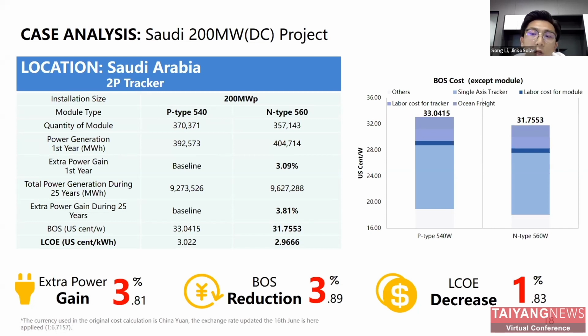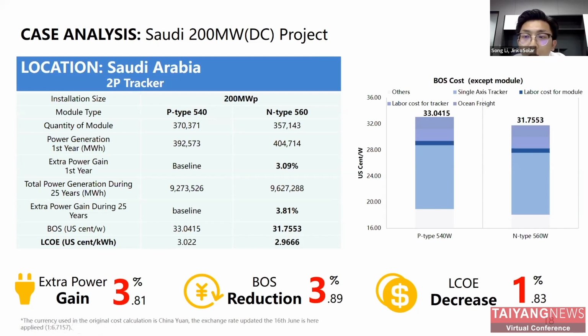To sum up, using the N-type modules with the tracker system, you could have three benefits. One is extra power gain of 3.81%, BOS reduction of 3.89%, and also the LCOE decreased by 1.83% compared with the P-type scheme. So this is how much the N-type module can bring to you.